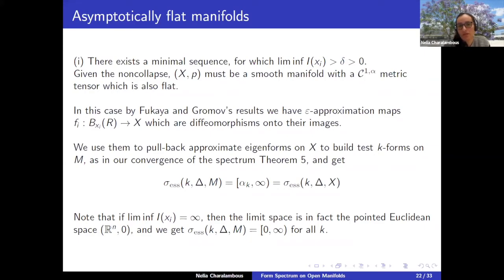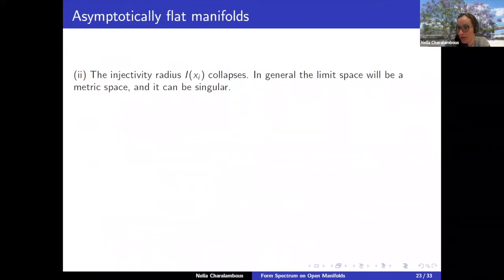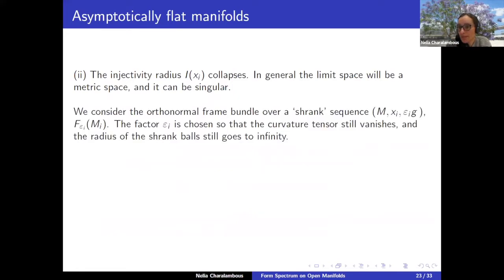The most difficult case is the collapsing case. In general, here the limit is going to be just a metric space and it can be singular. So what we did to study it more carefully was go one step further and consider what's known as the orthonormal frame bundle over M and take a shrunk sequence of it.